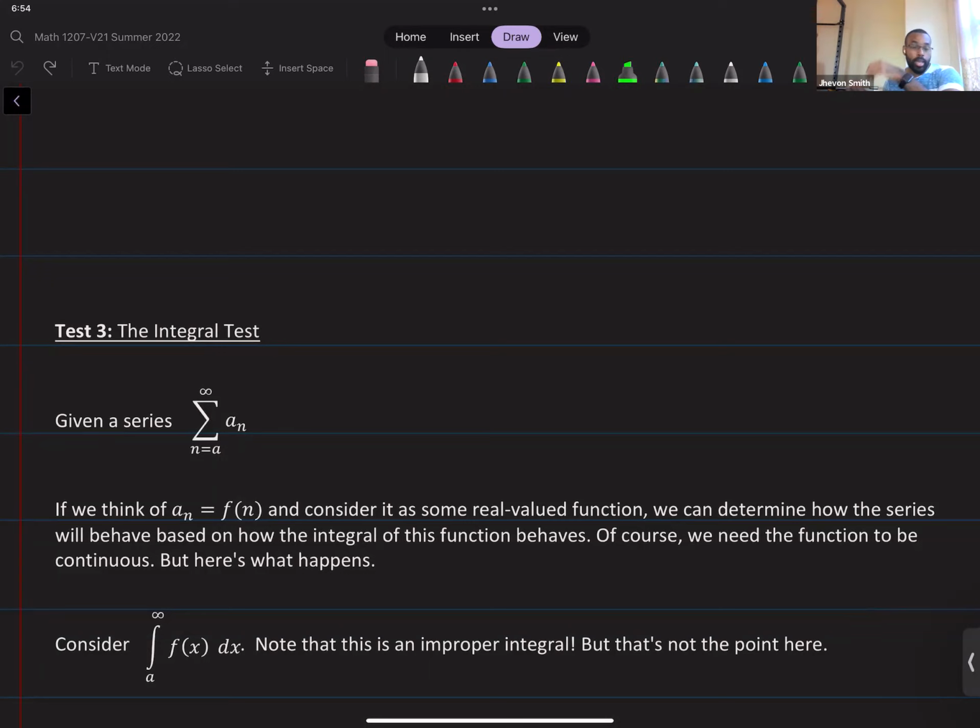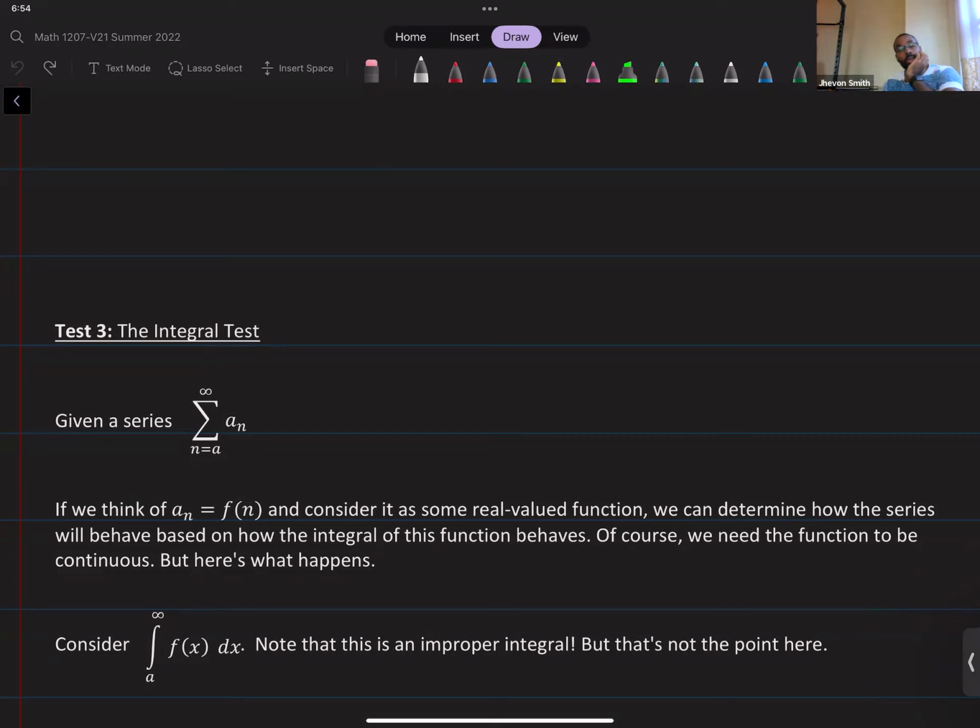So if a function is positive, it is continuous because we can integrate it and we don't have to worry about improper integrals or the fundamental theorem of calculus not working, and it's decreasing. So it's positive, continuous, and decreasing. And let's just say on top of this, it is a function that we could integrate.